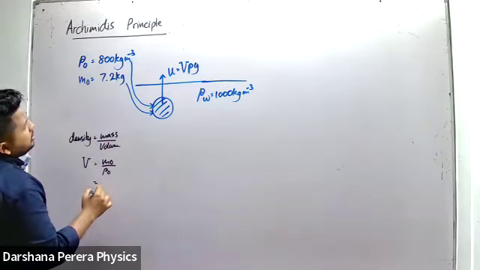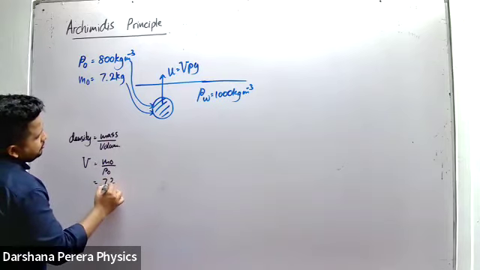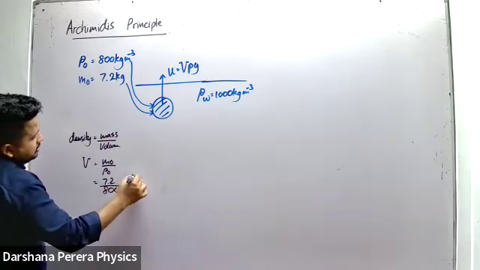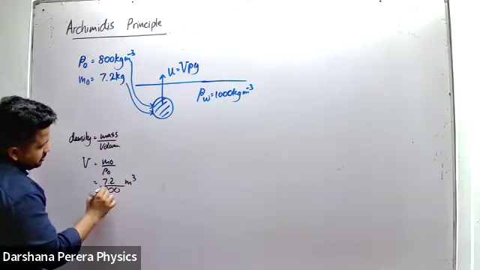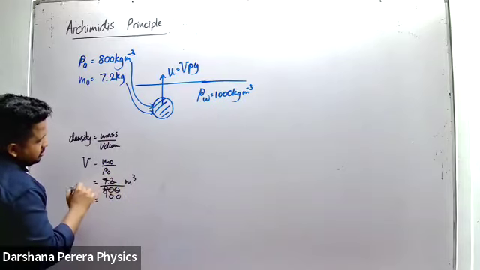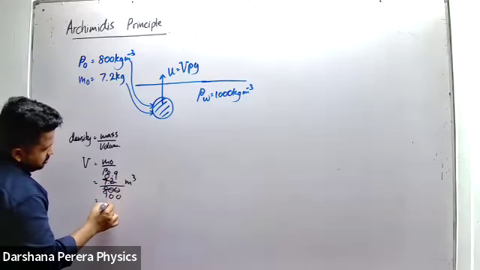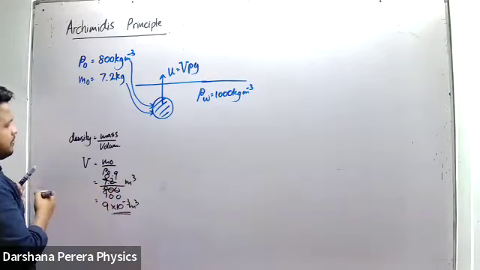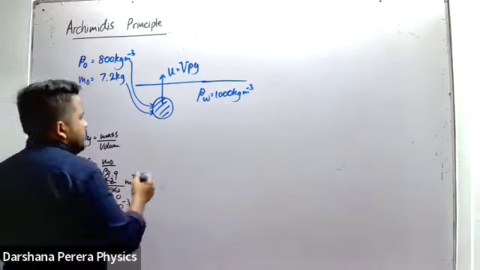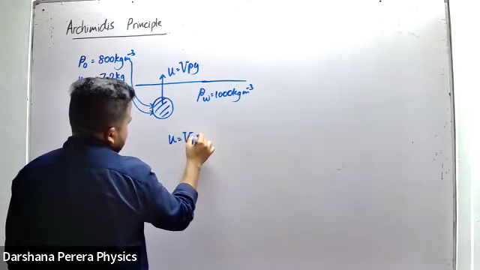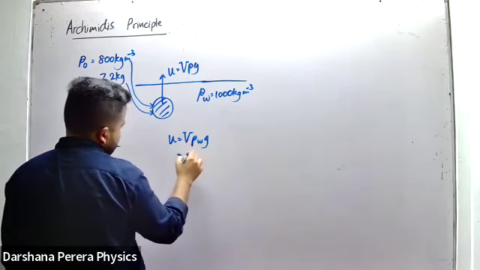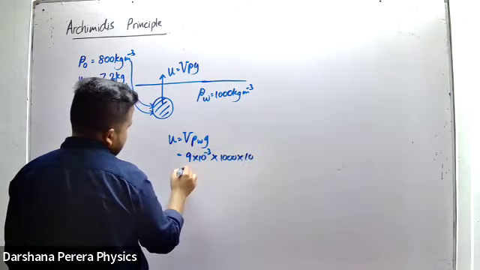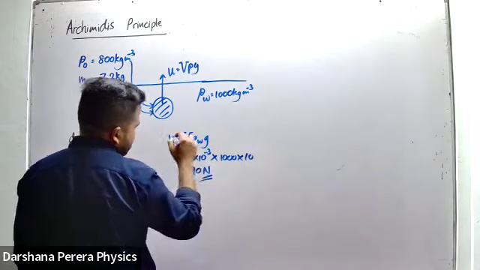So the m naught means 7.2 over 800, right? 10 to the power 3. U equals V rho g. V rho g means 9 into 10 to the power minus 3. Rho means 1000 into 10. That means 90. Yes, your answer is correct.